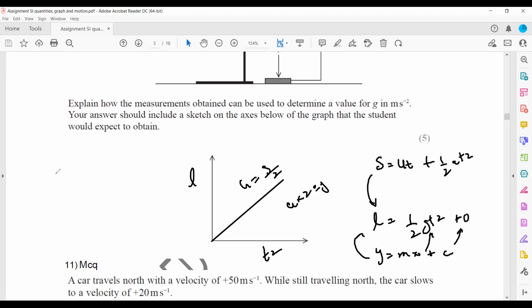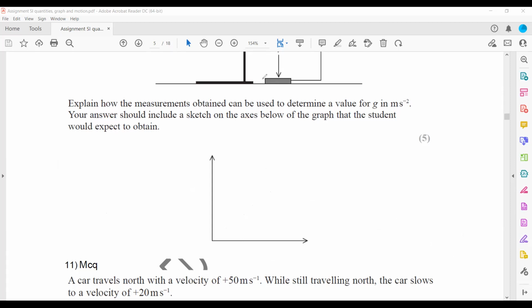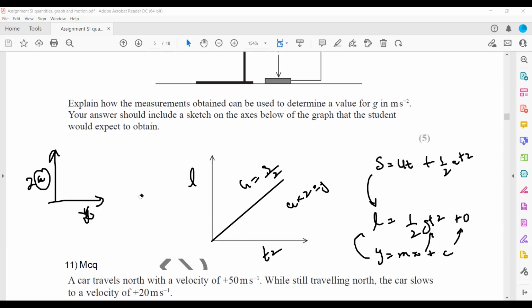Like we normally don't plot a graph of 2a versus y. We use a variable, the thing which can change, which is L, not 2L. If L changes, definitely 2L will change.